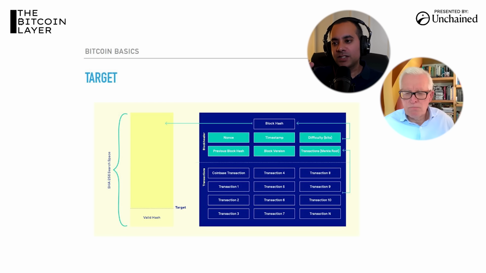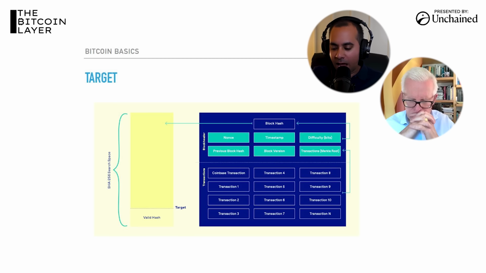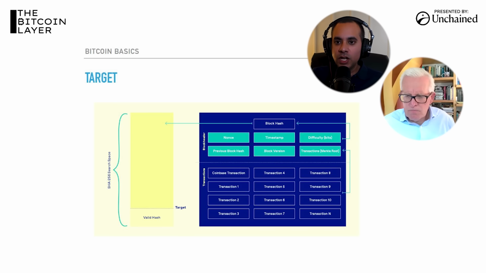And so what does the small number do? The small number makes it so that when we hash blocks, and remember, mining, what are they doing? Hash, hash, hash, hash, hash, right? So each time they hash, they get an output. That output is a number. It's usually and almost always higher than the target because the target is a small number.